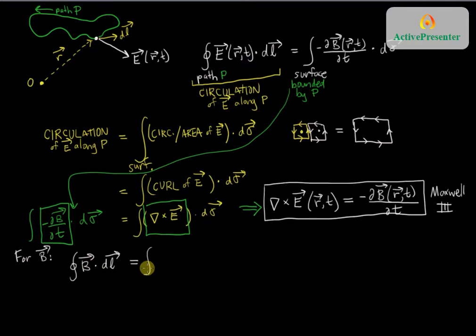The physical equation is that that's equal to a surface integral of the following quantity, fundamental constant mu naught, current density J at that location, plus a second term, which has to do with the electric field changing. Both of these are dotted into the surface area element.